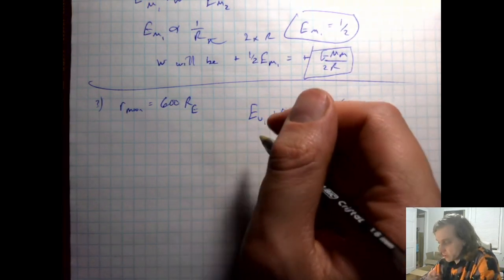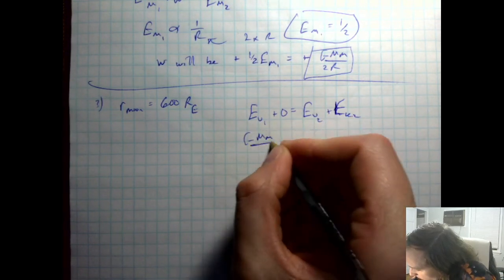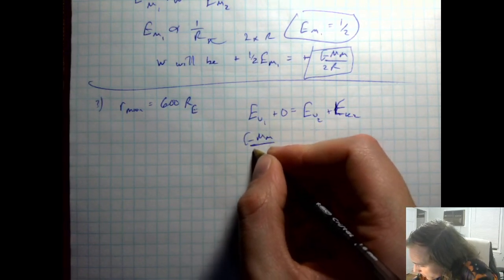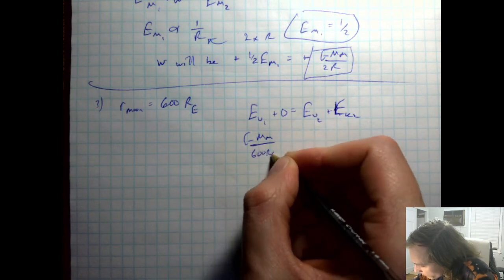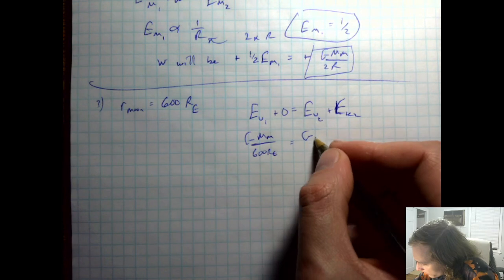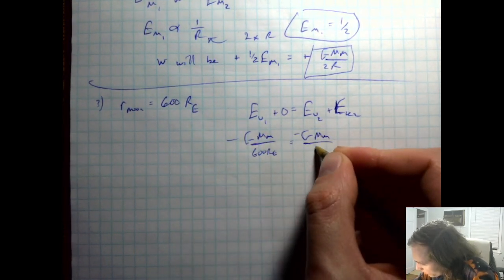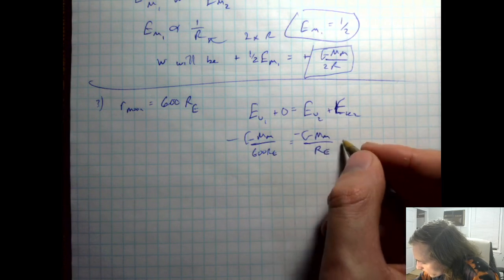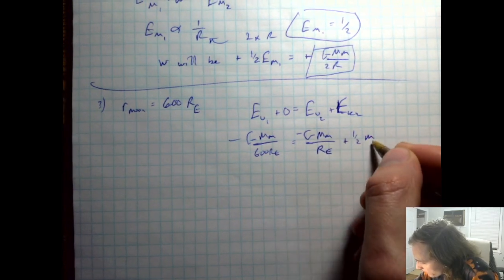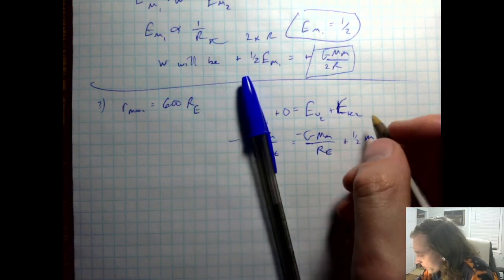Well, the potential in the first location is going to be negative GMm over the first distance, which is 600 times the radius of the Earth. That will need to equal the potential in the second location, negative GMm over radius of the Earth, plus 1/2 mass of the moon times the velocity that the moon will be going squared.